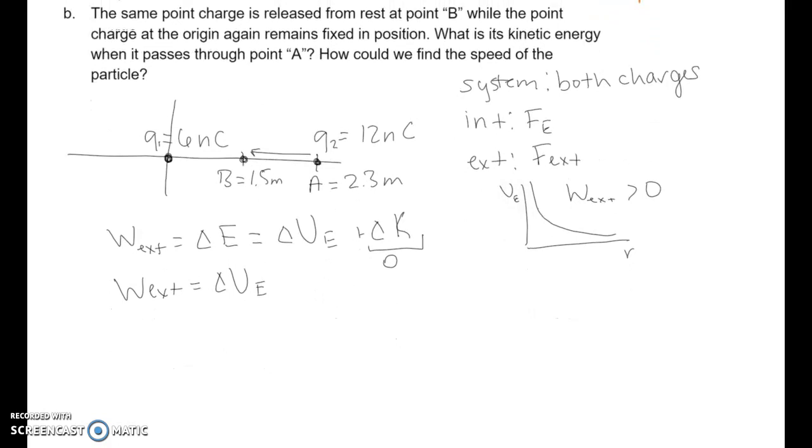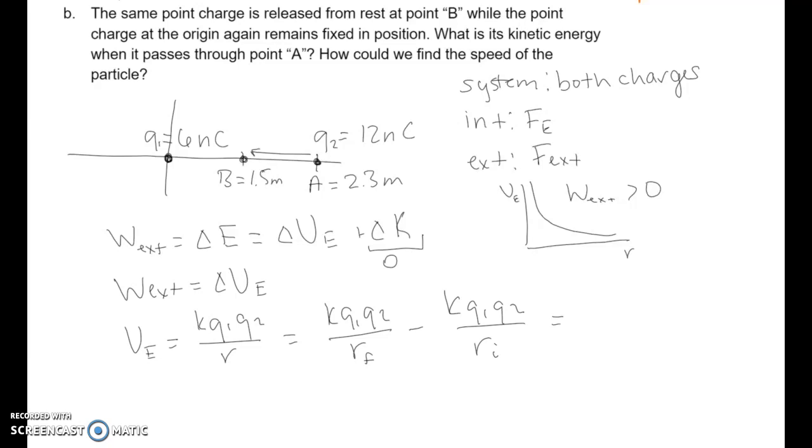Okay, so we can get a little more computational now, because we know we have a formula for the electric potential energy at a location. That's going to be K Q1 Q2 over R. So if we're dealing with the change in U, that's going to be K Q1 Q2 over R final, since change is final minus initial, minus K Q1 Q2 over R initial.